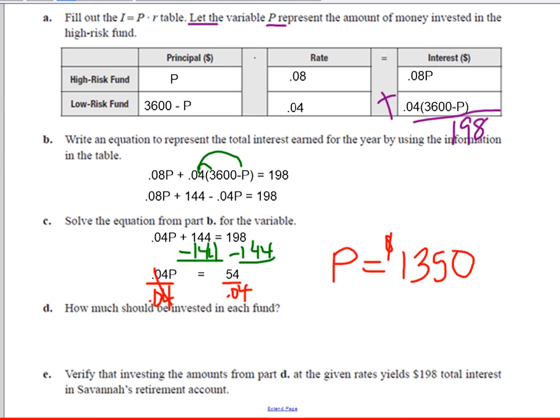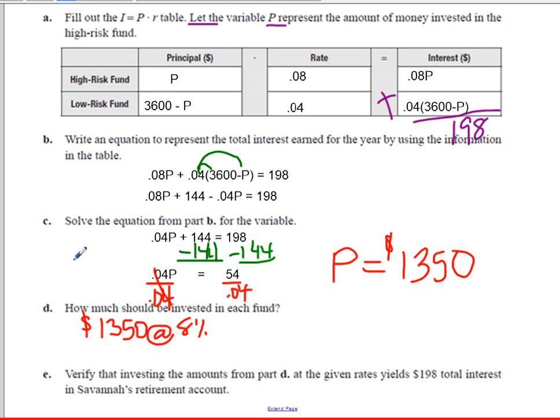And so, how much should be invested in each? Well, we know part of it. We have 1,350 in the high stakes. So let's just label it at the 8% rate. And then we'll subtract.